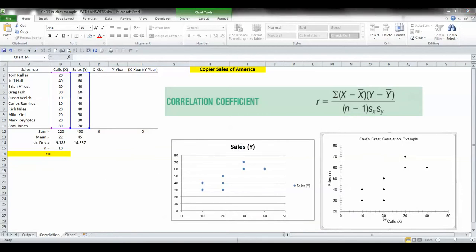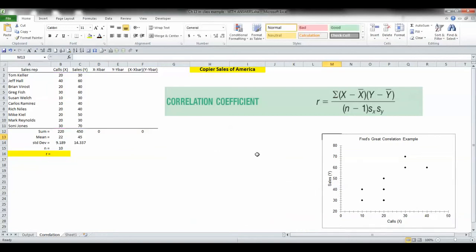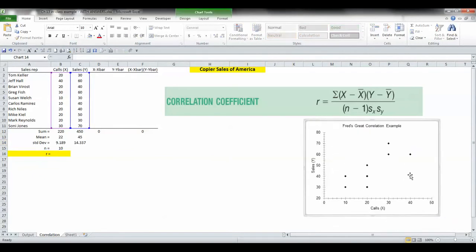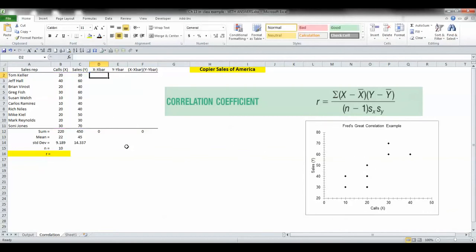Since we have this really fancy MegaStat scatter plot that has the labels and the title in it, we'll go ahead and delete the Excel chart because we don't really need it at this point. We've already taken a look at both of the different types of scatter plots to see what type of relationship it looks like graphically.